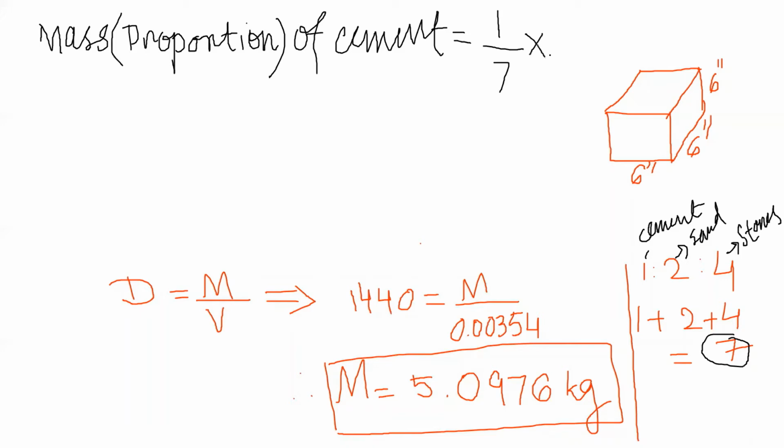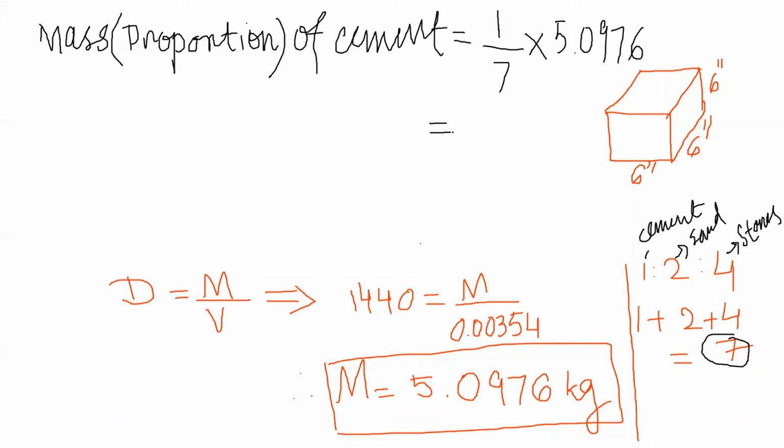So multiply by 5.0976, the mass we have calculated before. So 5.0976 divided by 7.